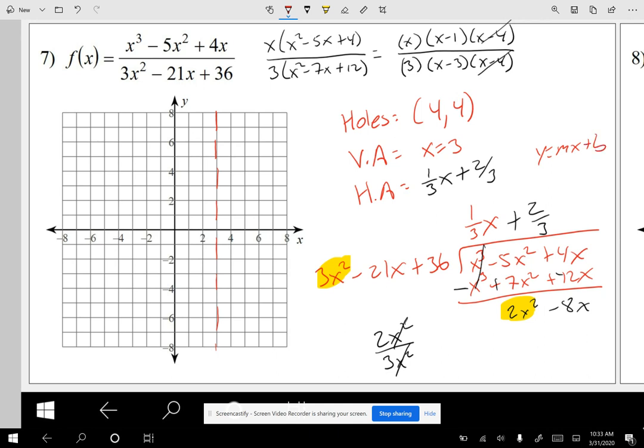I'm going to begin at 2/3, which is about here. My slope is 1/3. So let me go up 1 over 3. So that gives me the line like this.